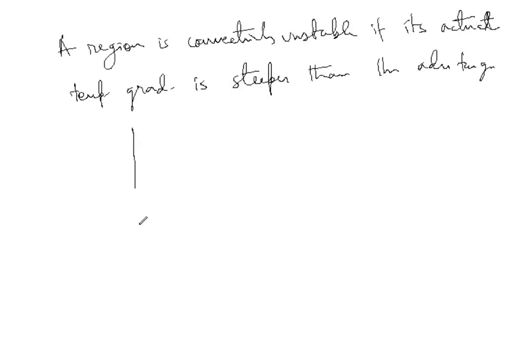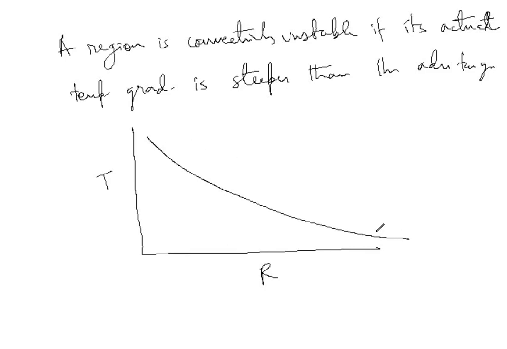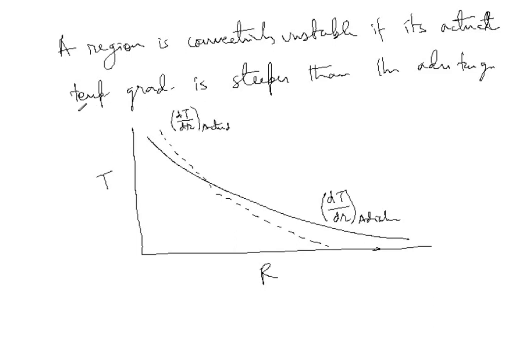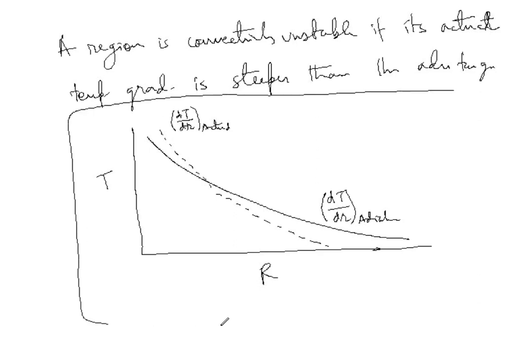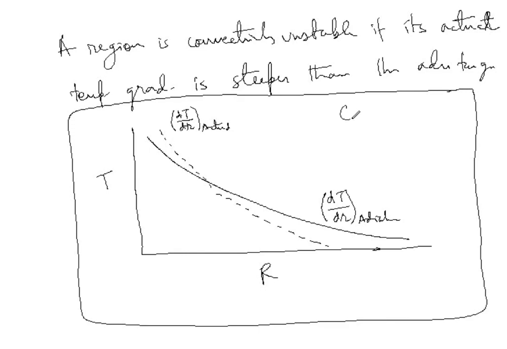So if this is the temperature and this is the radius, then you see something like this, and so you see this is dT/dr adiabatic and this one is dT/dr actual, and this is an example of basic convective instability.